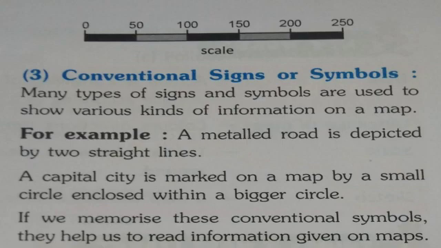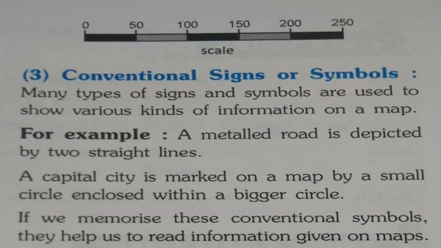Each part of the line shows some ground distance. If the actual distance is 100 kilometers, you can see 0 to 100 here on the scale. This will represent the actual 100 kilometers on the ground. Each part of the line shows some ground distance. It is marked on the scale.